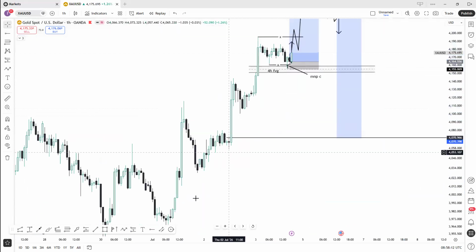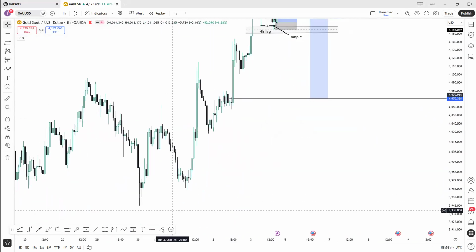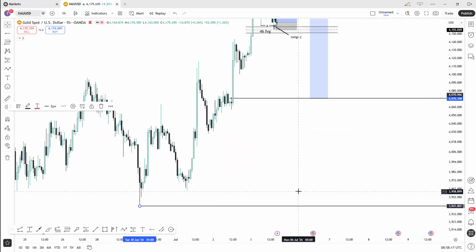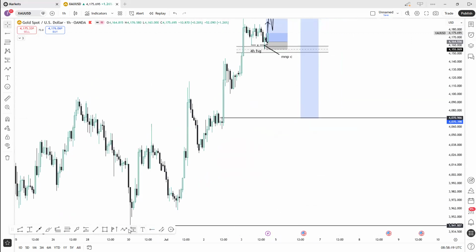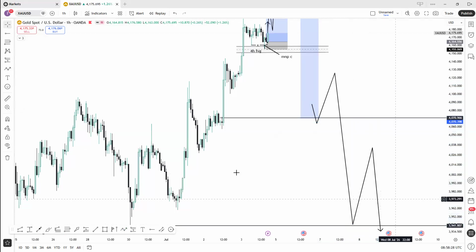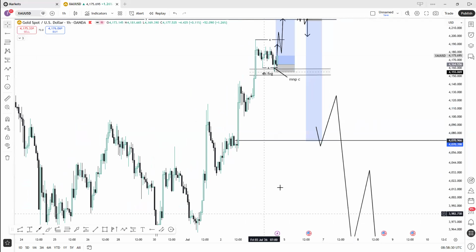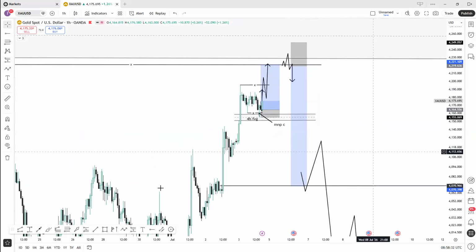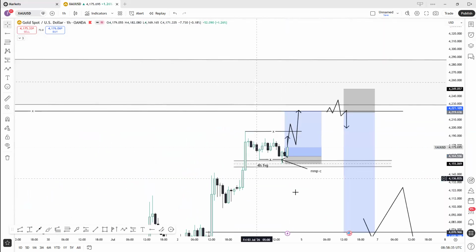Here we have that OB, and then sell side liquidity here. When price approaches that point of interest, it may bounce, get a pullback, and then continue until it takes out the final liquidity.